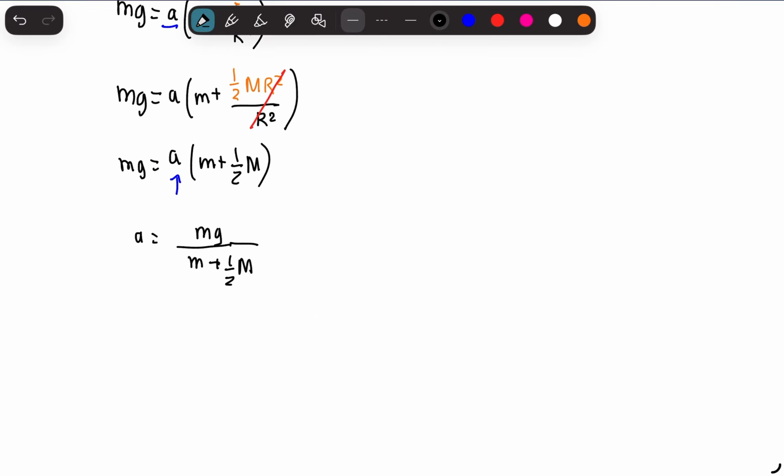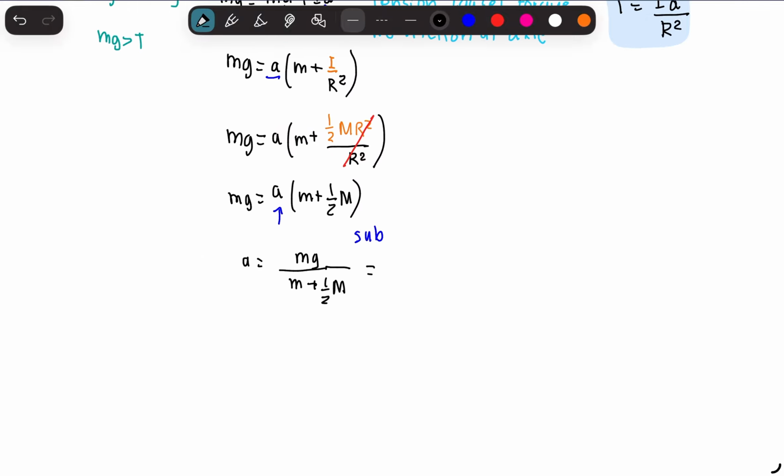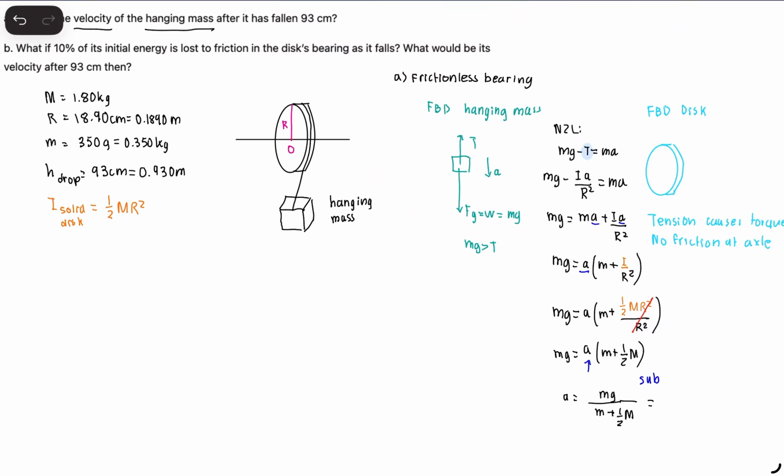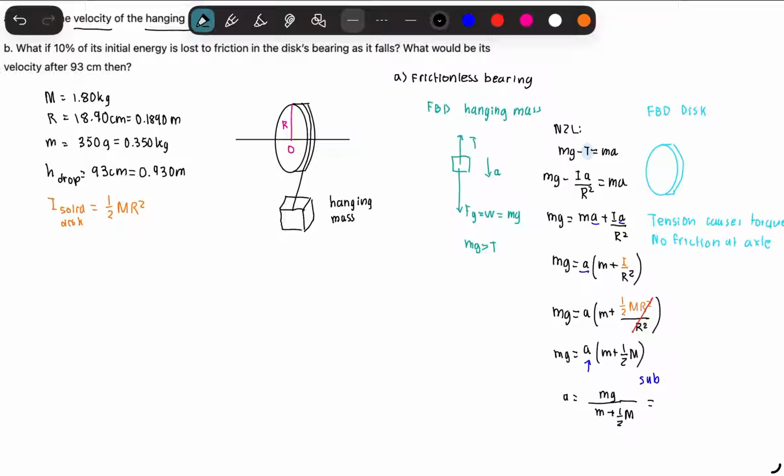Now we have to plug in with our units. So we have our units up here, so we can plug in. This is going to equal 0.350.